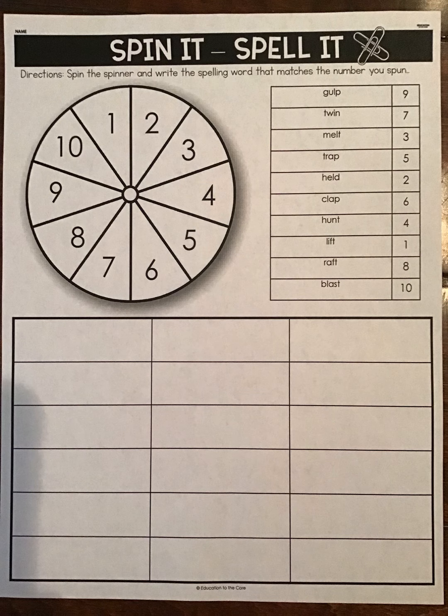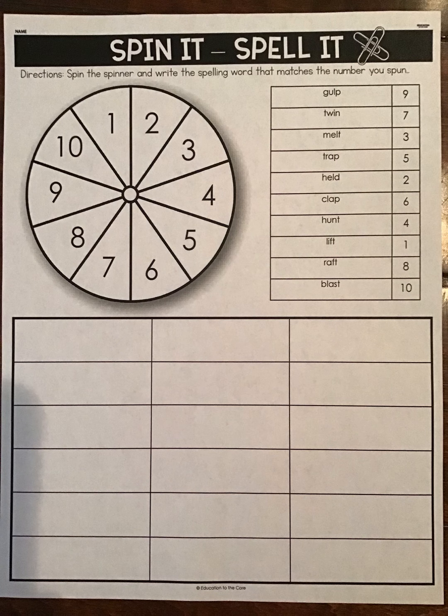Remember that L blends are when two consonants are side by side and one of the consonants is an L. A T blend is when two consonants are side by side and one of the consonants is a T. In a blend, both consonants are pronounced.